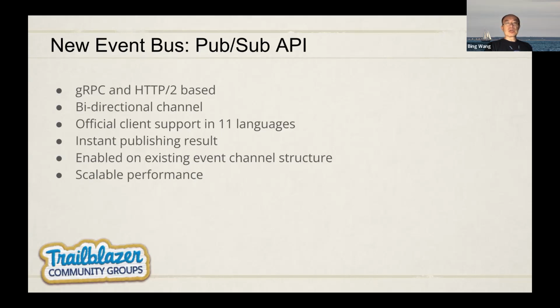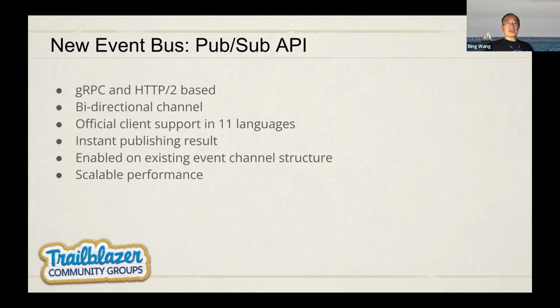And community support is pretty good in many languages, but a lot of times it's almost just community support. And Pub/Sub gRPC is officially supported in 11 languages with well-maintained client libraries. So again, that's very nice to use for your production deployment.